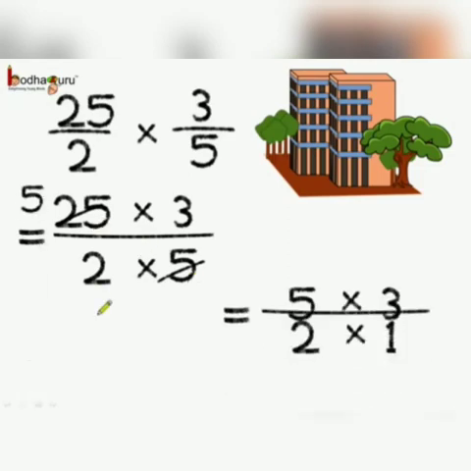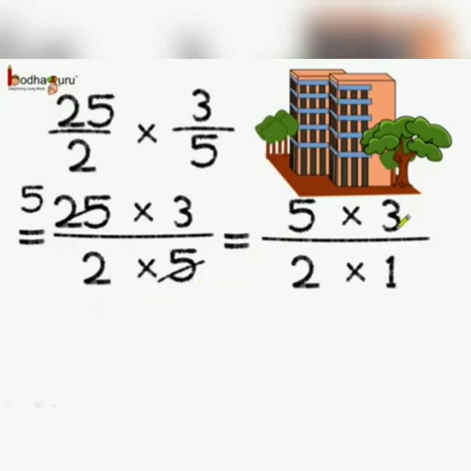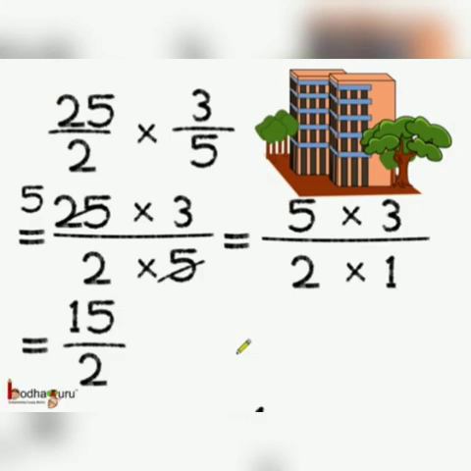We get 5 multiplied by 3 by 2 multiplied by 1, which is equal to 15 by 2. So the height of the tree is 15 by 2, and if we get the mixed fraction, what is the answer? It is equal to 7.5 meters.